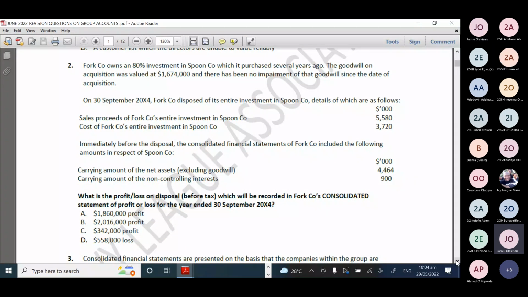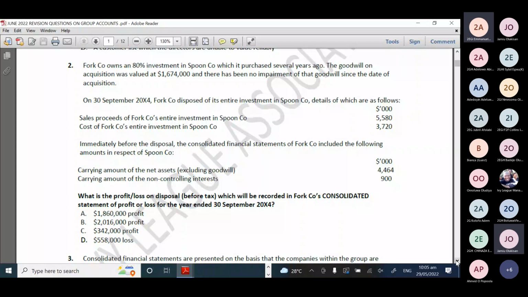FOCCO owns an 80% investment in SpoonCo, which it purchased several years ago. The goodwill on acquisition was valued at $1,670,000, and there has been no impairment of that goodwill since the date of acquisition. On 30th September 20X4, FOCCO disposed of its entire investment in SpoonCo, details of which are as follows.